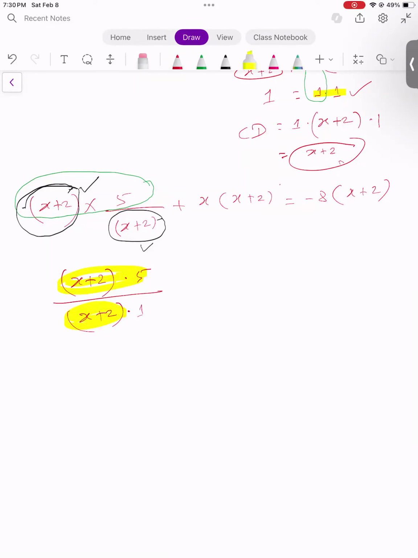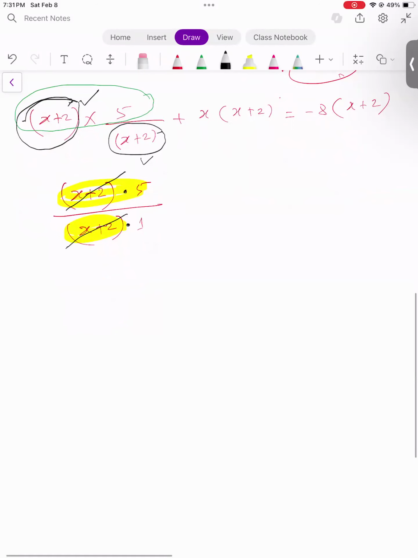If you have your numerator and denominator in a factor form, you can cancel the common factor from numerator and denominator. Your numerator has to be in a factor form and your denominator has to be in a factor form. Then only can you cancel this common factor. There might be a case, for example, where you see x plus 2 plus 5 divided by x plus 2.